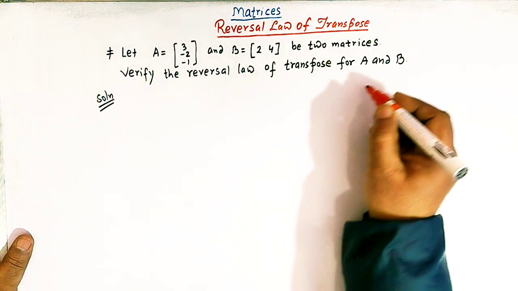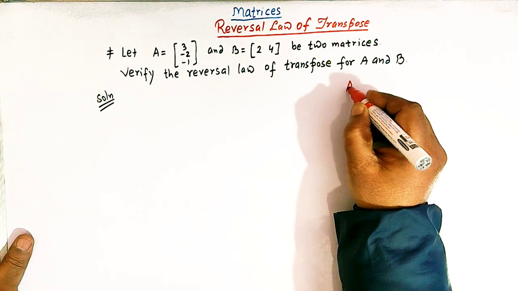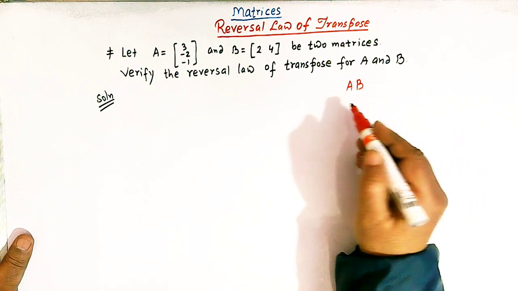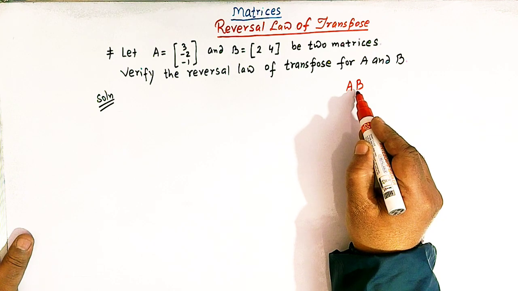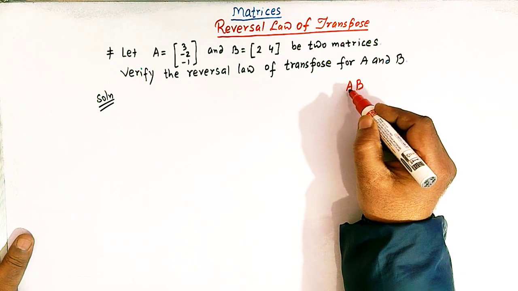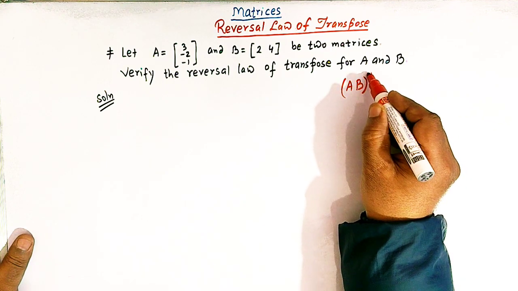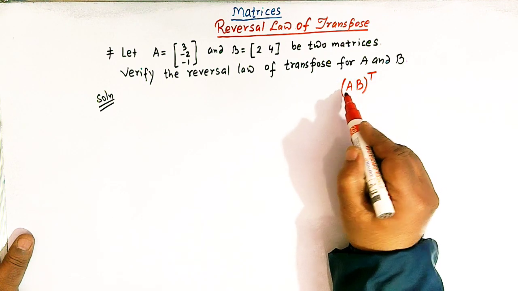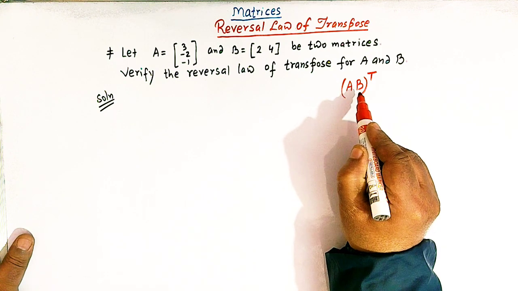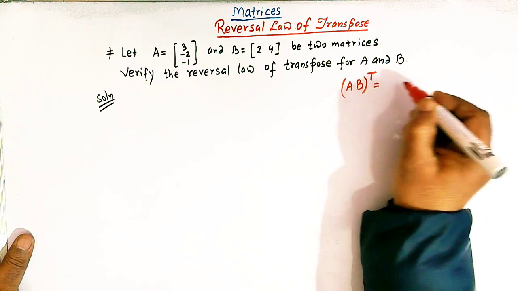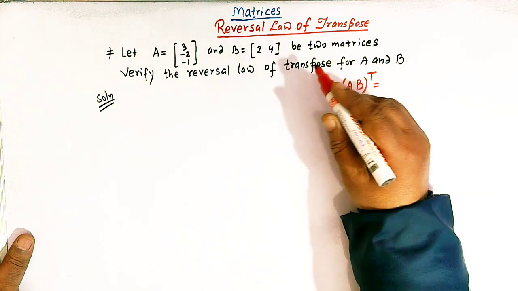Now let us consider two matrices A and B. If the two matrices A and B are such that their product is defined, then the transpose of the product of the matrices A and B is given by the reversal rule.